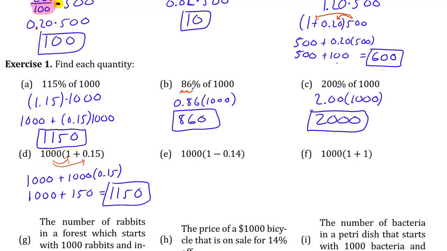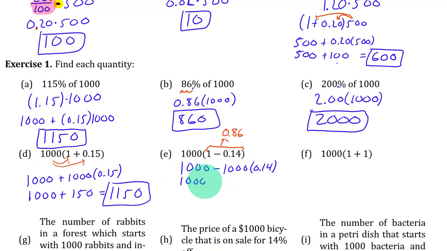Now, something else I want to point out is that 1 minus 0.14 here is the same thing as 0.86. So if you take 86% of 1,000, that's really the same thing that we're doing here. But I want to think of it as separated out into these two parts. Into the 1, which is 100% of 1,000, which is just 1,000, minus 1,000 times 0.14, which is 14% of 1,000.